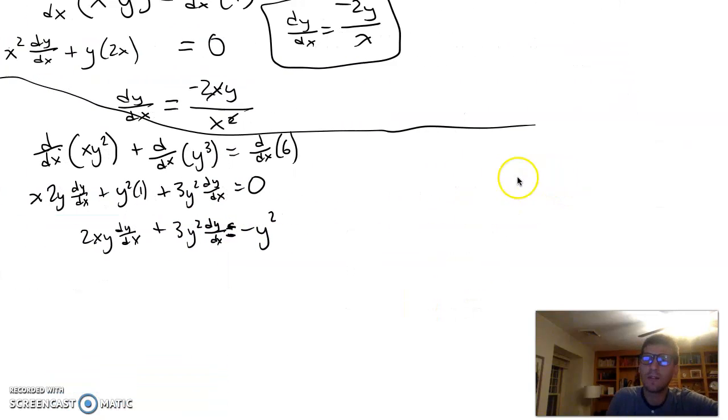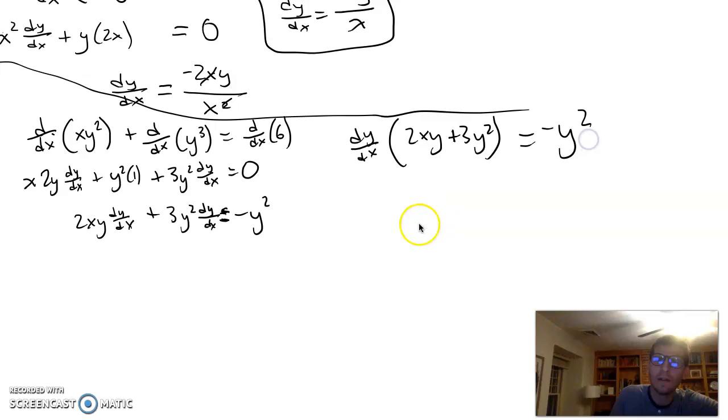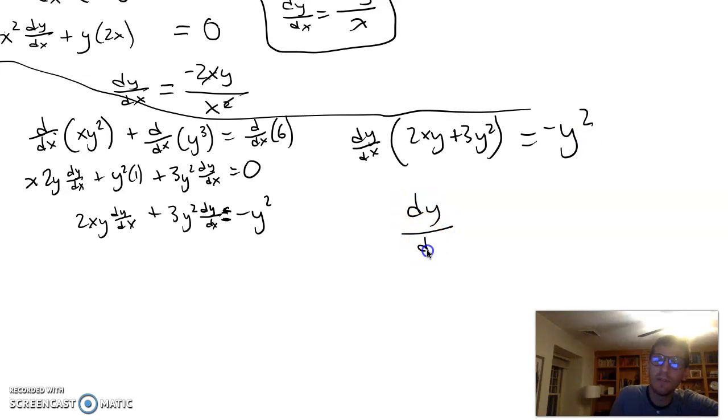And now I could factor out my dy dx here, now that I've got it in every term. And then you guessed it, we would just divide this over to this side. And so then I would have my derivative.